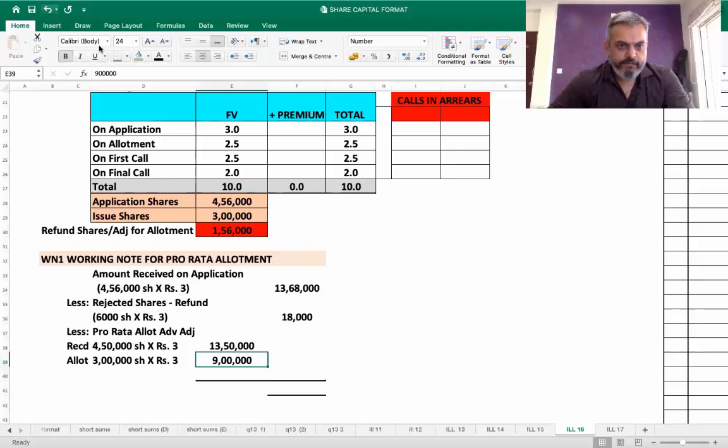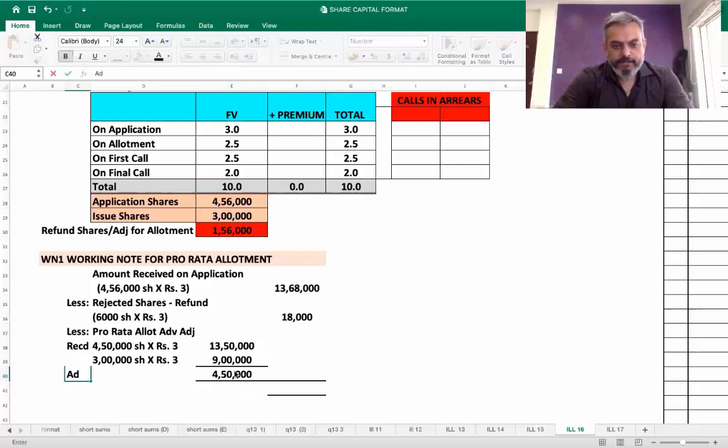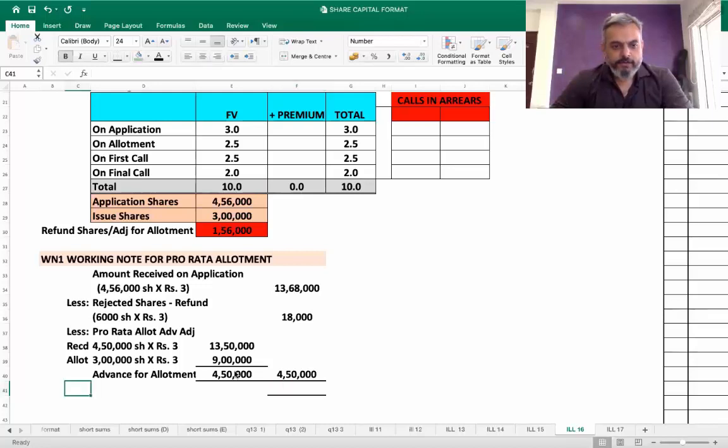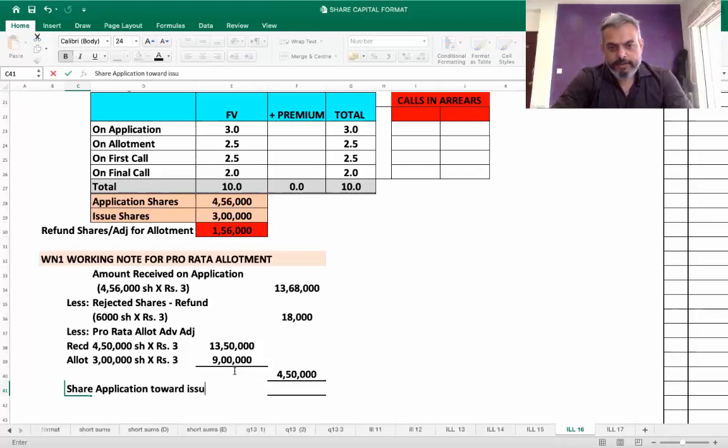So amount net comes to 4,50,000. This 4,50,000 is advance for allotment. This 4,50,000 what we have received will be transferred to advance. So what we are left is share application towards issued capital.